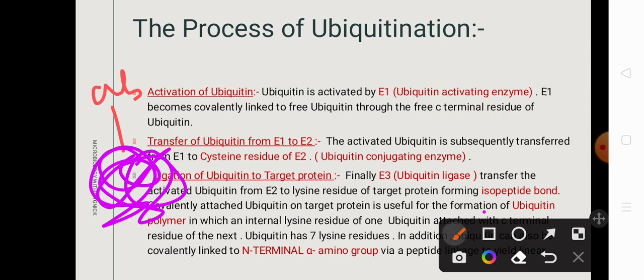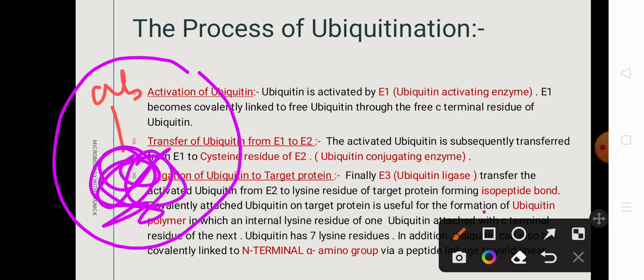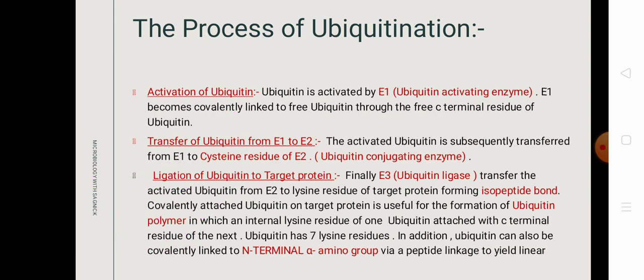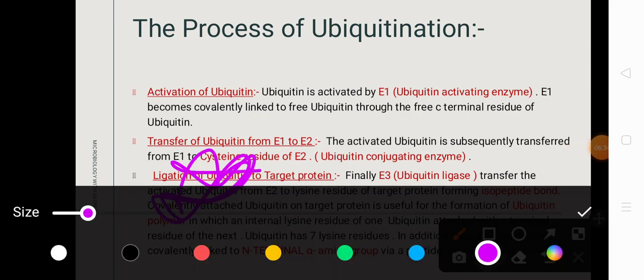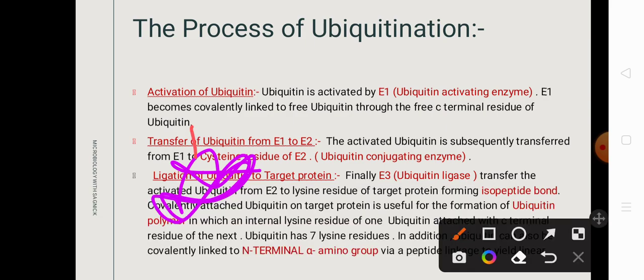So for forming a polymer of ubiquitin, one ubiquitin attached with the target protein is very important, because the ubiquitin which was already attached to the target protein via the first ubiquitination should have some free internal lysine residue, as ubiquitin is also a protein, right? It was observed that ubiquitin has 7 lysine residues.